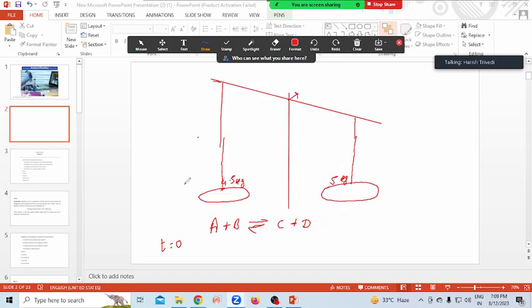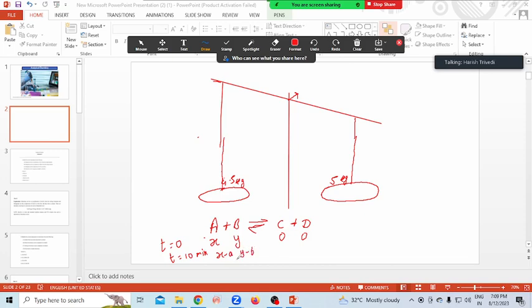So at time equal to 0, suppose A has x concentration and B has y concentration, and C and D will be 0 concentration. But suppose after 10 minutes the reaction happens, so we can say x minus small a and y minus small b.